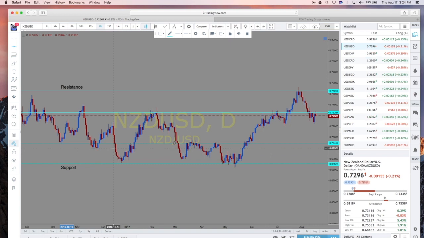Why is that important? It's important because support and resistance is an area, not an exact line. It's an actual area.